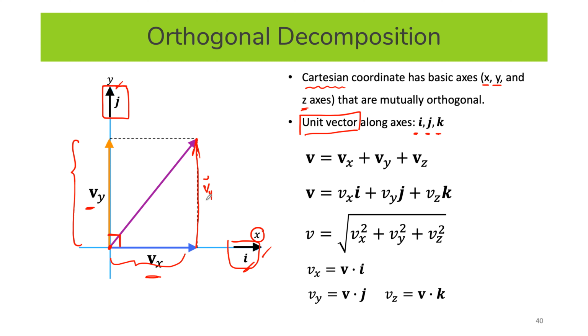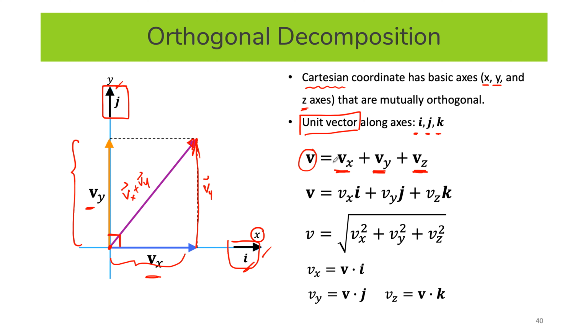So essentially, you will see that this vector is the summation of vx plus vy, and if vz exists, I'm going to put it here as well. So the total vector now is going to be decomposed of vx plus vy plus vz.